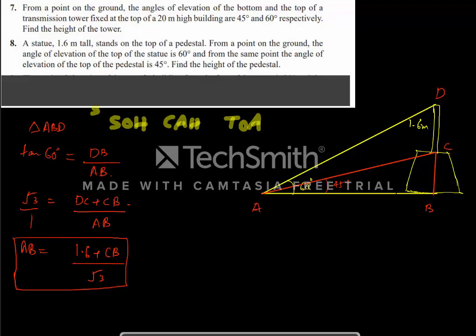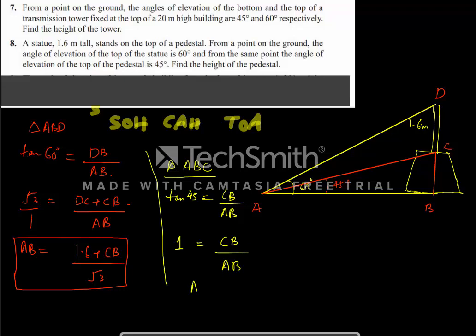So we'll take another triangle ABC. In triangle ABC, we have tan 45, right? Tan 45 equals opposite over adjacent, that is CB over AB. Tan 45 is 1, equal to CB over AB, right?